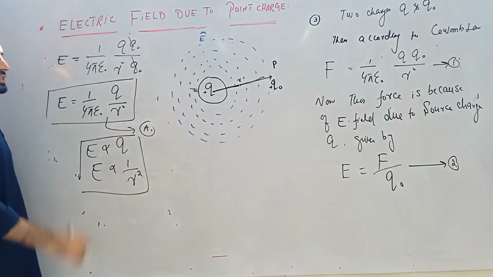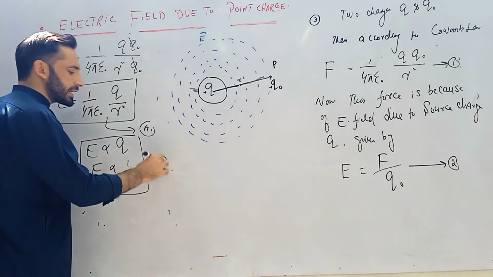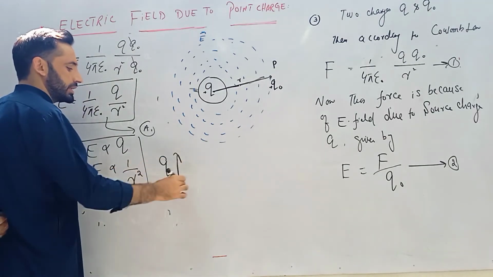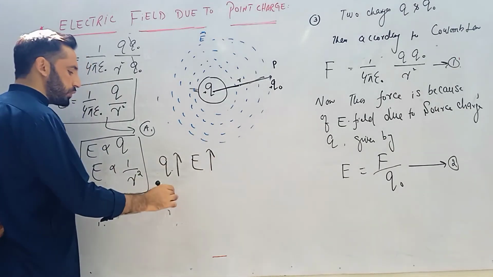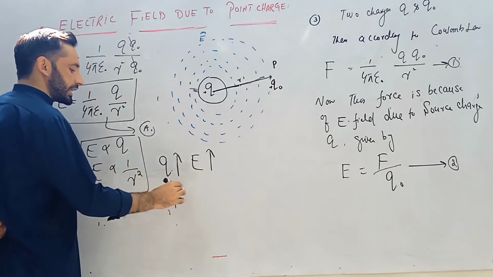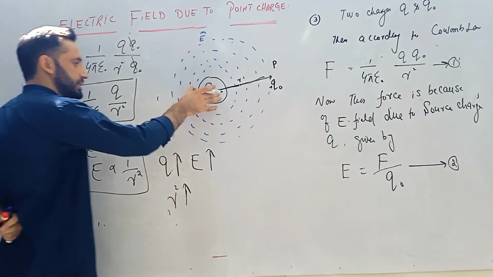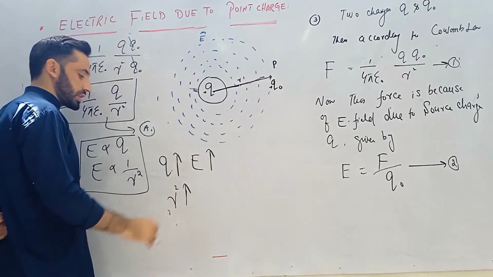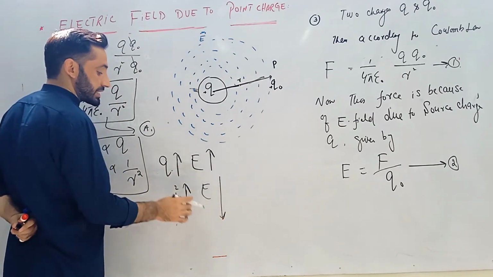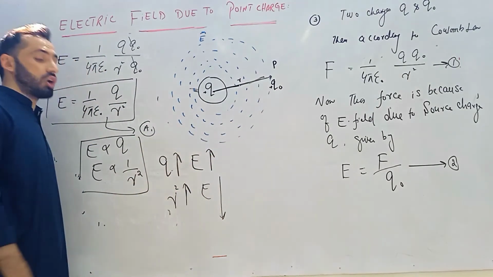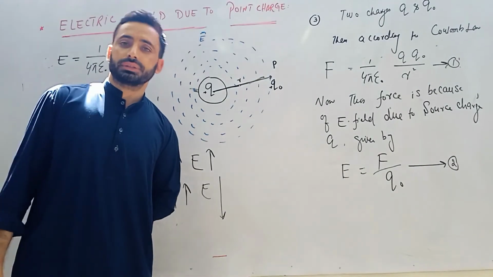If we increase the magnitude of charge, the electric field will increase. If we increase the distance from the source charge, the magnitude of the electric field will decrease R square times.